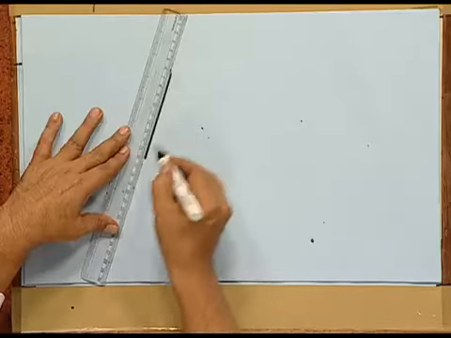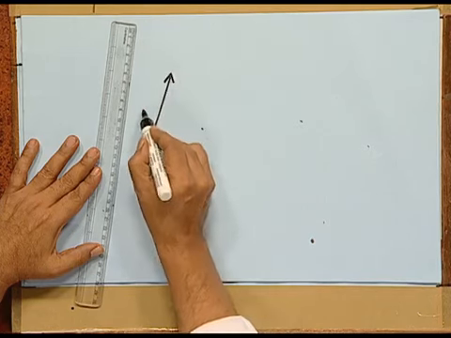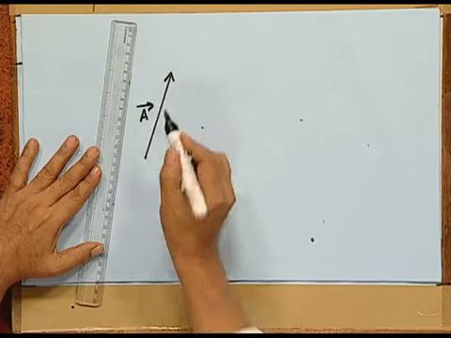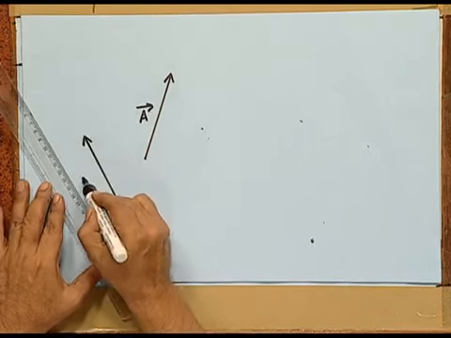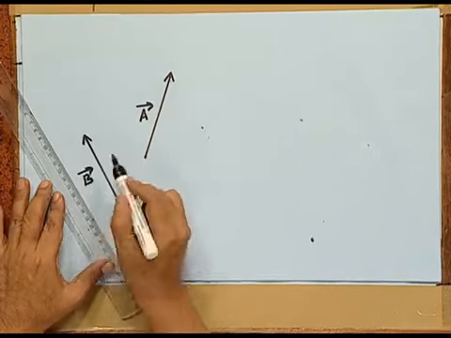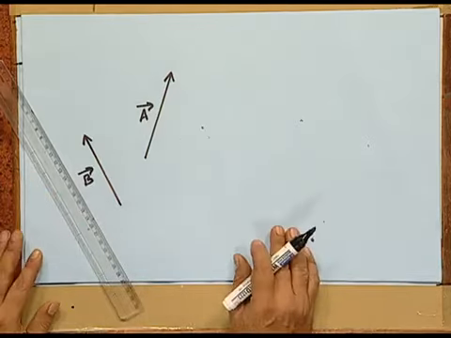You can do this vector addition in a different way. Let us take vector A and vector B. If it is given like this, you can do it by the method of triangulation, which I have said. You can do it also by another method, what is called the parallelogram method of vector addition.